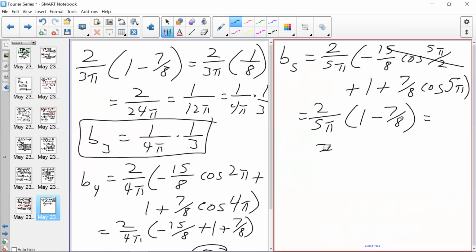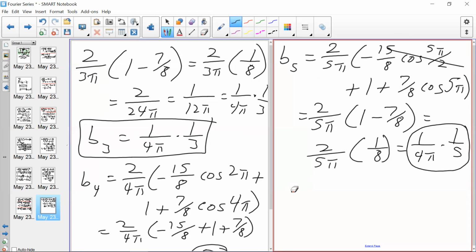Equals 2 over 5 pi times 1/8, and that equals 1 over 4 pi times 1/5. So you can see a pattern forming with this 1 over 4 pi.